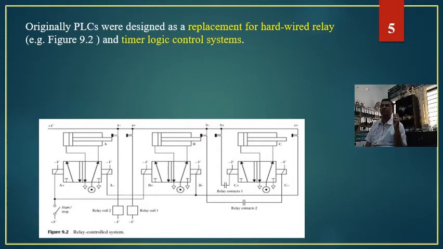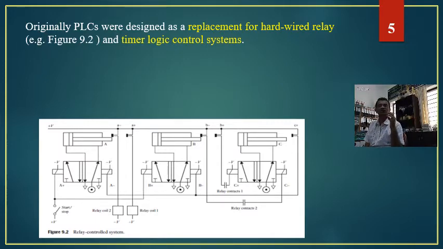And once a relay is being used in a circuit or system, the other problem is that whenever we need to change the functioning of a system or a process, the whole relay circuit needs to be changed. For a set of functions to be done in a process, we have a hardwired circuit, and if you have to change the process, then the whole hardwired circuit needs to be changed.